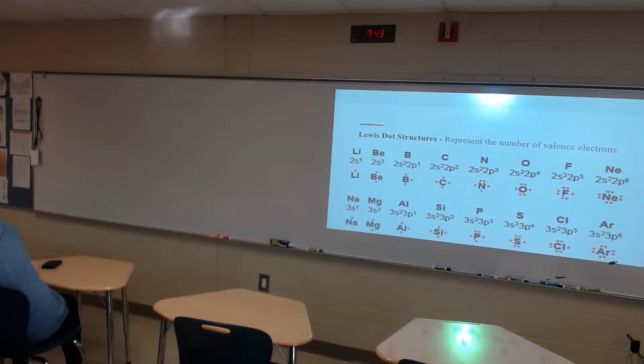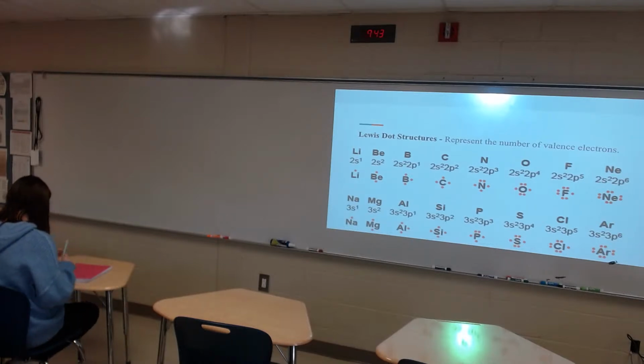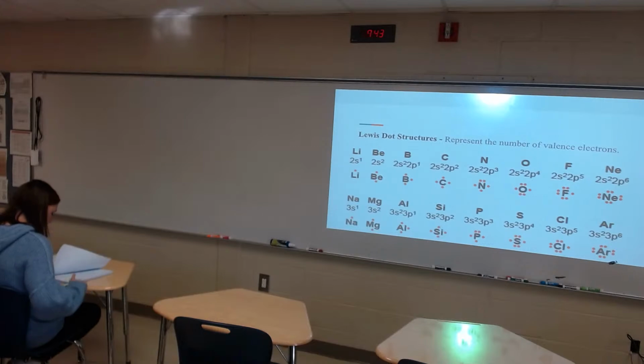To represent the number of valence electrons. All right, so the purpose of a Lewis dot structure is to represent the number of valence electrons.